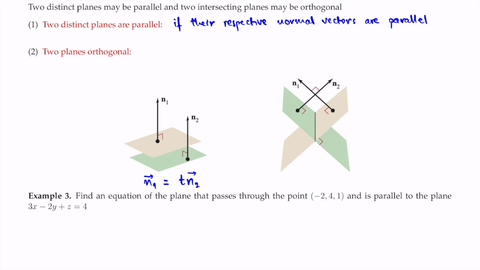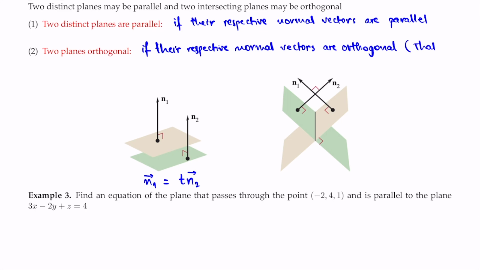And the two planes are orthogonal to one another if their respective normal vectors are orthogonal. When two vectors are orthogonal, that means the dot product of the normal vectors has to be 0.